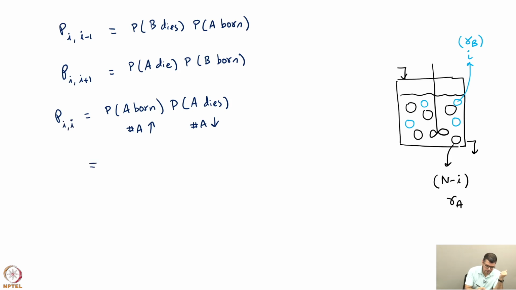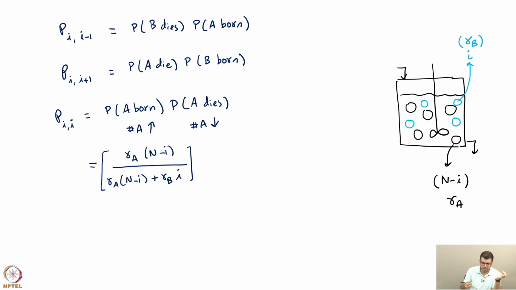So this probability is simply the probability of A being born, which, remember, is in the numerator the fitness of all A type individuals divided by the total fitness of the entire population. So this is simply Ra times n minus I, divided by the total fitness of the entire population, which is Ra times n minus I plus Rb times I. This gives the probability that an A individual is going to be born next.